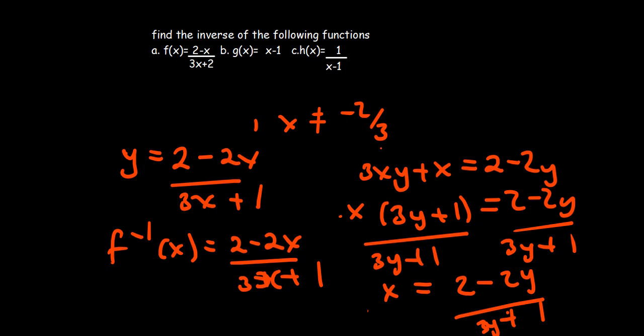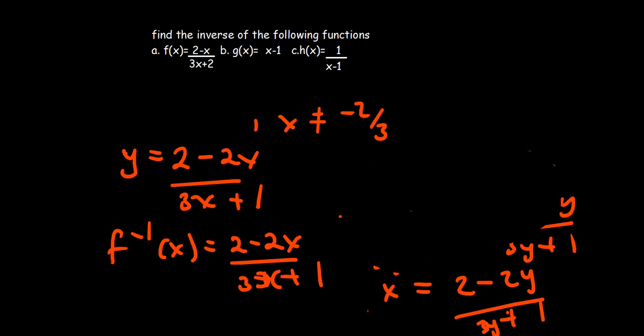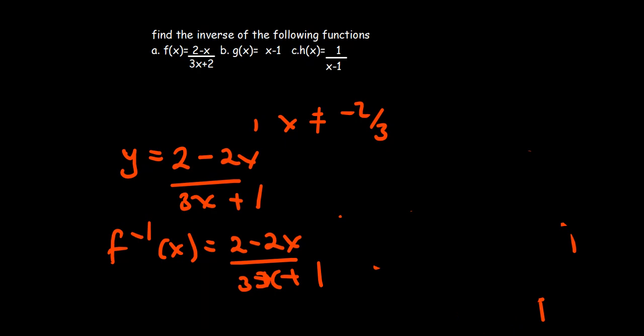Okay, so that's how we solve this equation. We see that for this inverse function, x is not defined at negative 1 over 3. So the inverse function is not defined at negative 1 over 3.